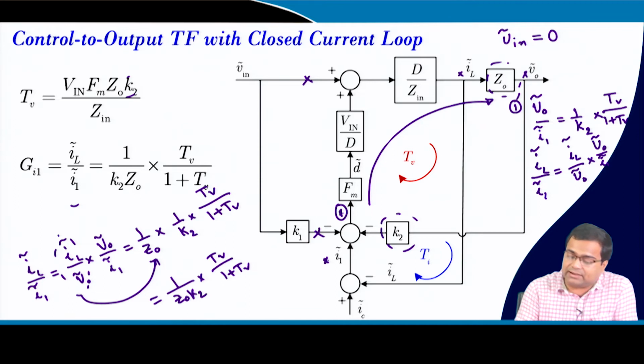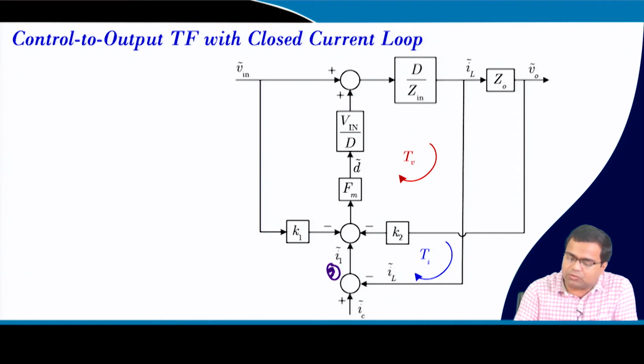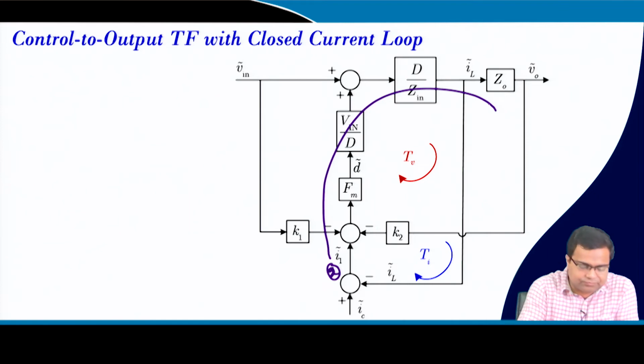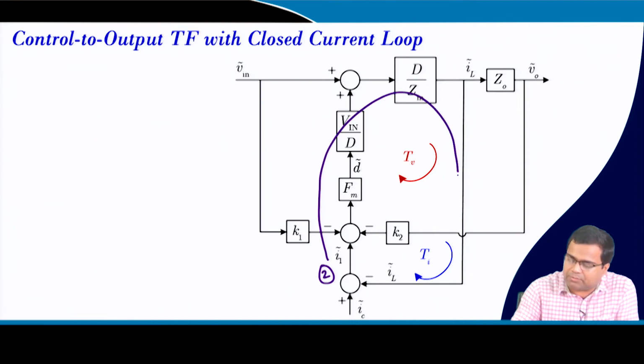Next, once we get this, now this is my current loop. Now, what is my current loop? I will start from this point, number 2 point, and I want to come back to this path.